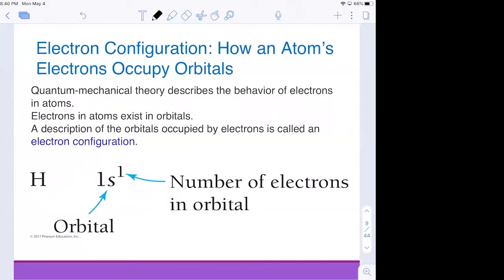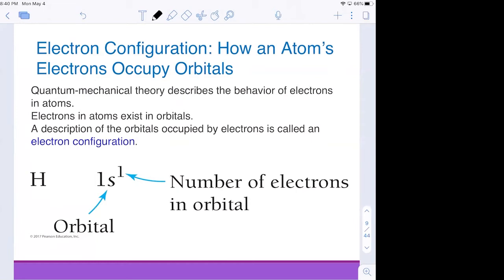Now, we just came from the quantum mechanics chapter, and it was able to describe quantum numbers. When we took our quantum numbers, we were able to really locate the probability of finding an electron in the electron cloud. And so quantum mechanics is describing the behavior of electrons in atoms.